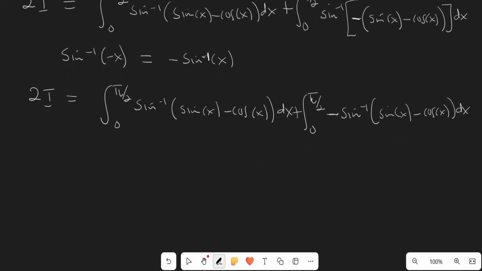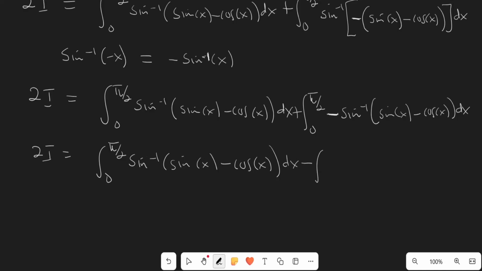And you can bring the negative 1 in front of the integral, so 2I is going to be the integral from 0 to pi over 2 of sine inverse of sine of x minus cosine of x dx, minus the integral from 0 to pi over 2 of sine inverse of sine of x minus cosine of x, all this dx.